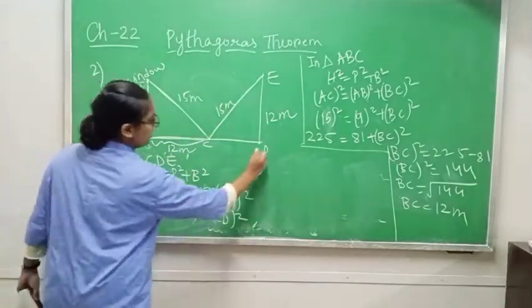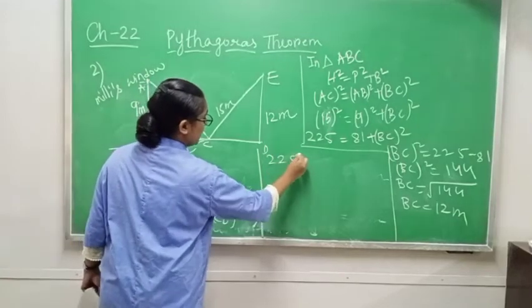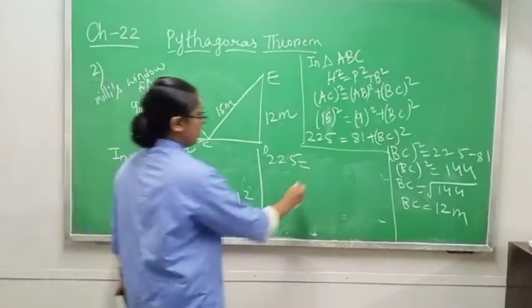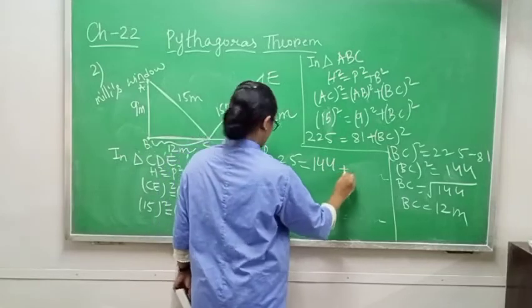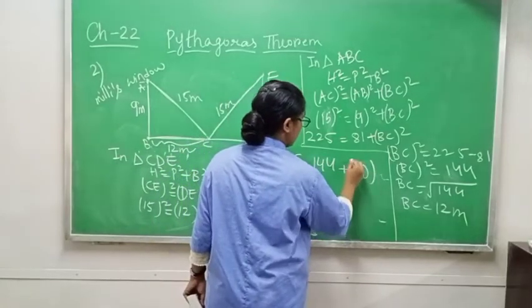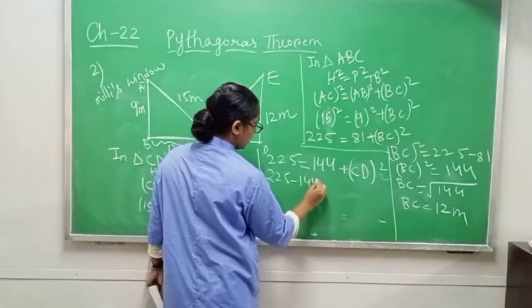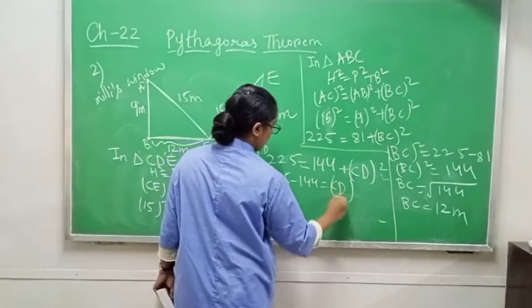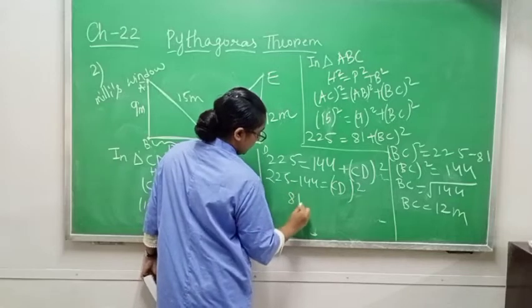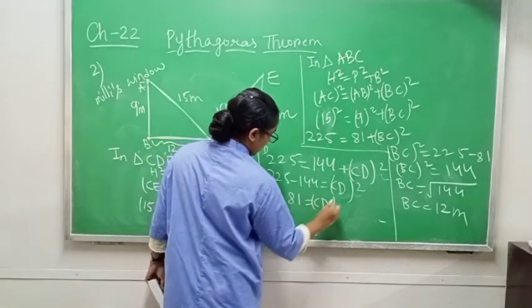Now 15 square is 225, equals 12 square which is 144, plus CD square. Now 225 minus 144 equals CD square. It will come 81, CD square.